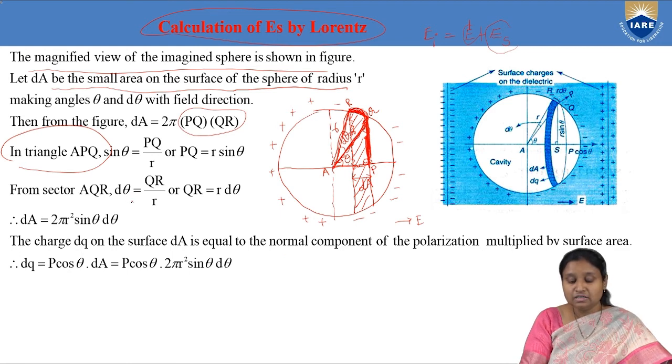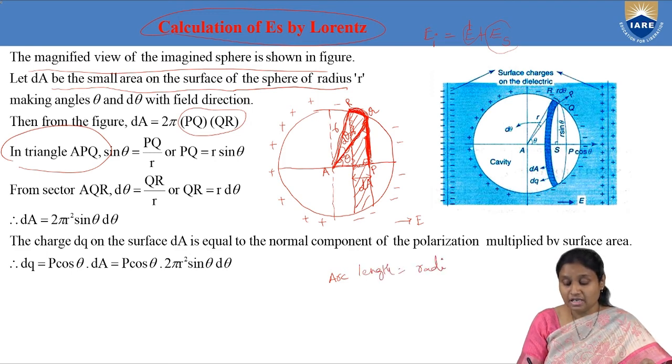So d theta is equal to QR by R. So this is the formula for a sector. Or simply, if you want, we can also take the simple way in one quadrant, where arc length is equal to radius into angle. So this logic also we can follow here.